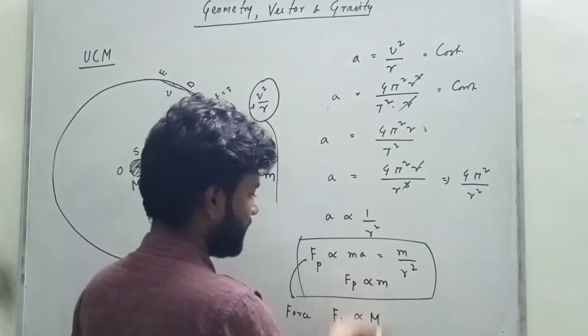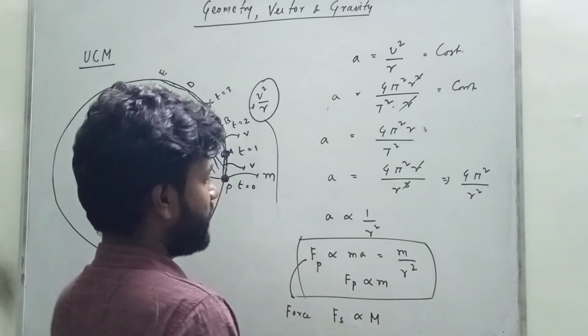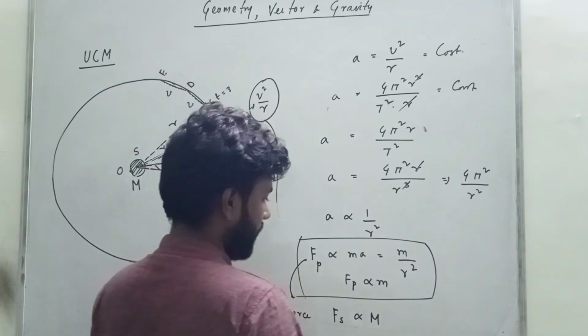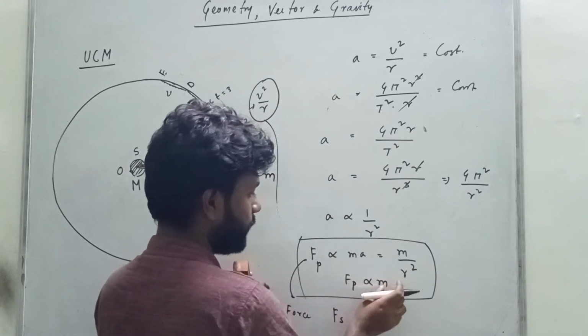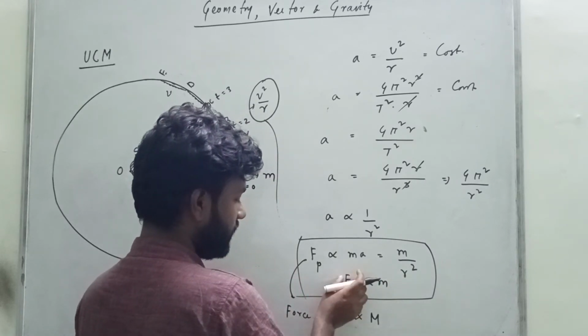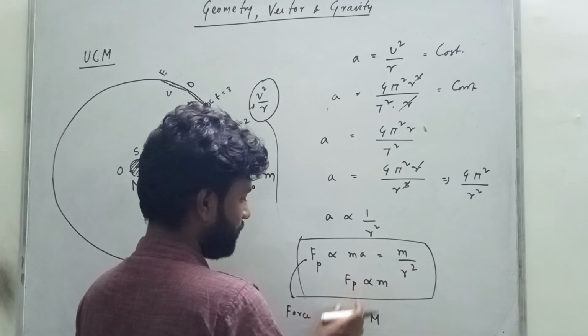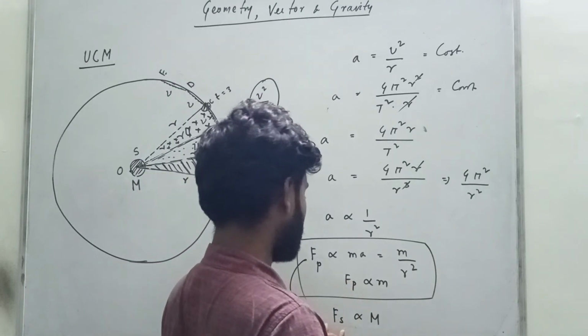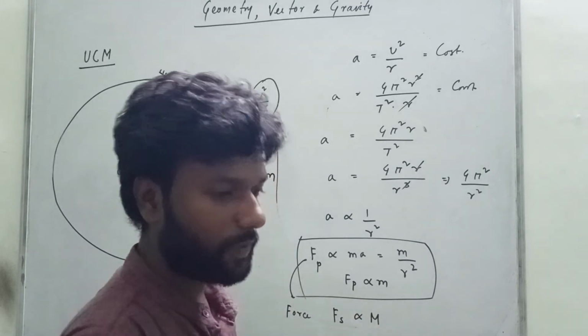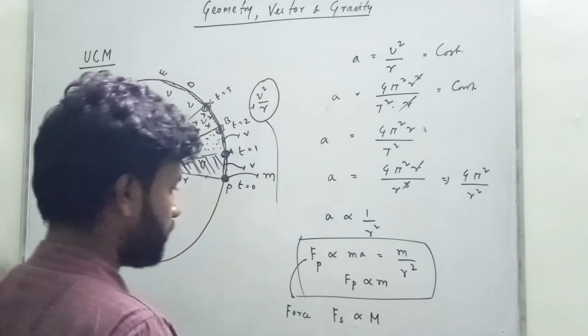If you combine these results, Fp equals m by r square, or Fp is proportional to m, and these two forces Fp and Fs are equal because they are an action-reaction pair.